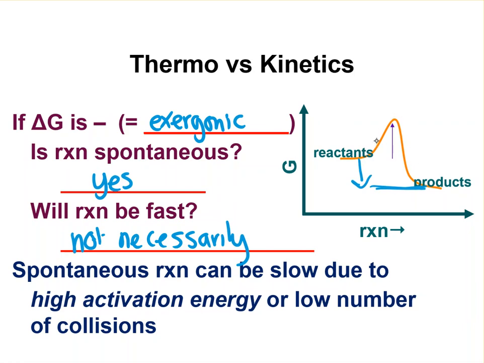This is where it can take time to get over that step before they can release that energy. So just keep in mind that it doesn't necessarily mean it's fast, it just means it's favorable overall. Sometimes we do things to make this hill smaller, like a catalyst does, so that the reaction can occur faster.